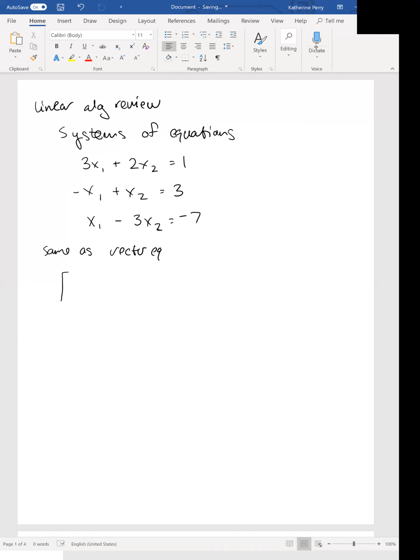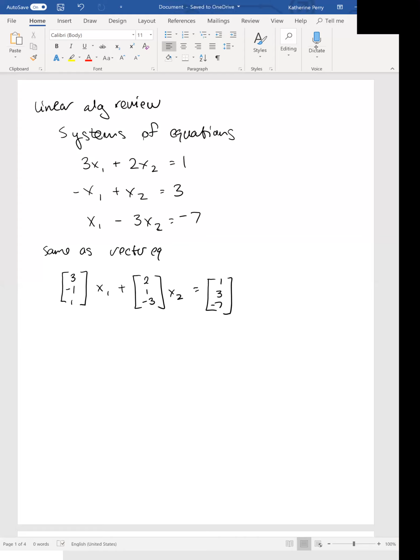I can write the coefficients paired with x1 as a vector, which I multiply by x1, and then add that to the coefficients multiplied by x2, in another vector, and set it equal to what we had on the right-hand side, this vector 1, 3, minus 7.